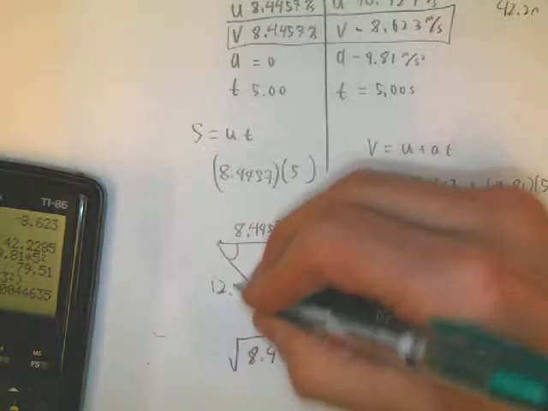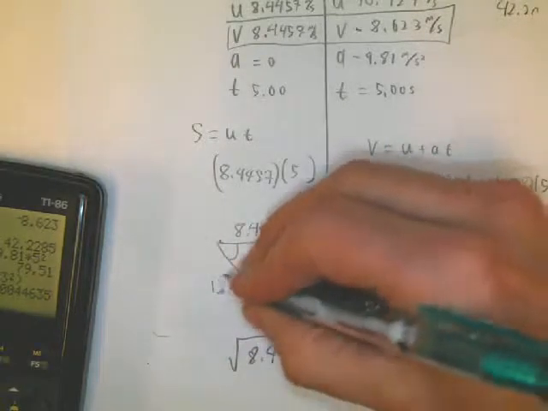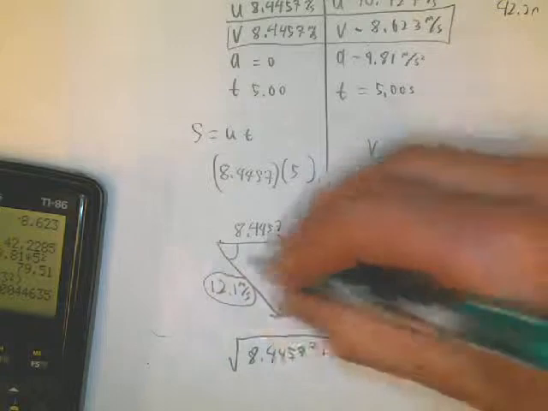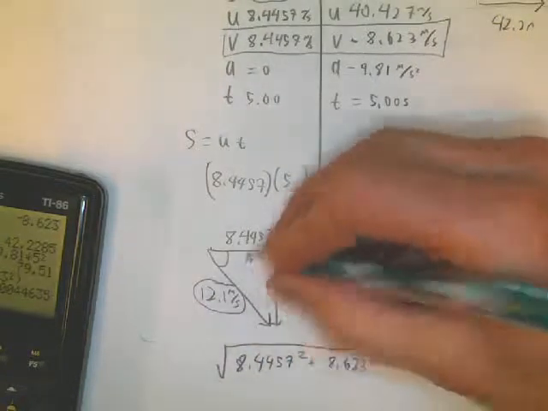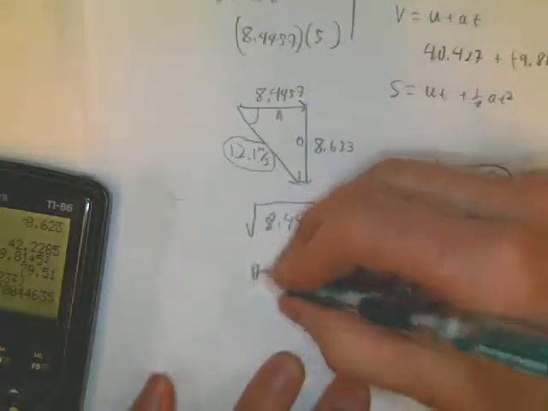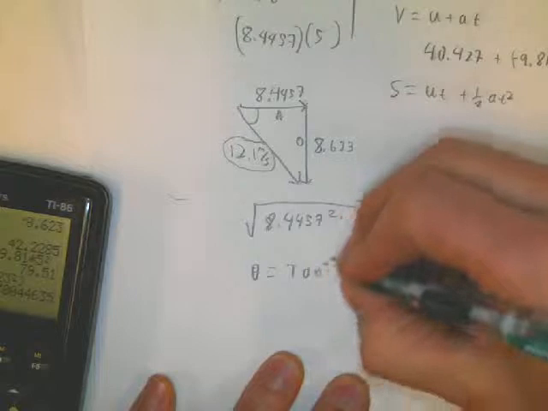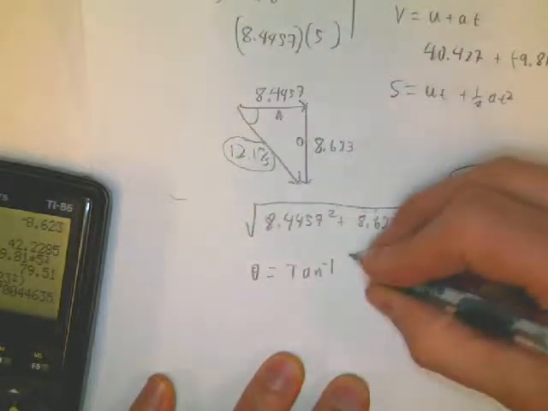Then this angle, we can find the angle. This is the opposite side, this is the adjacent side. Theta equals tan minus 1 of opposite over adjacent.